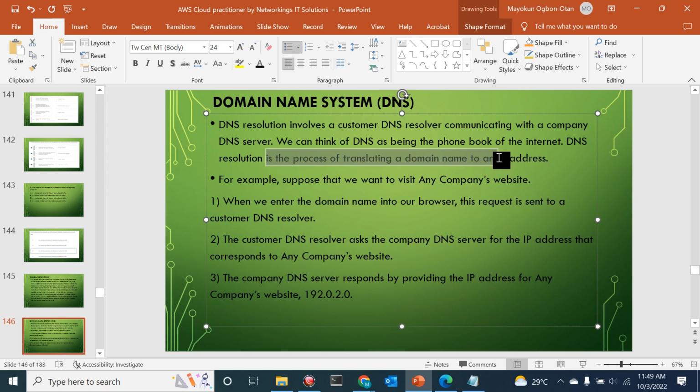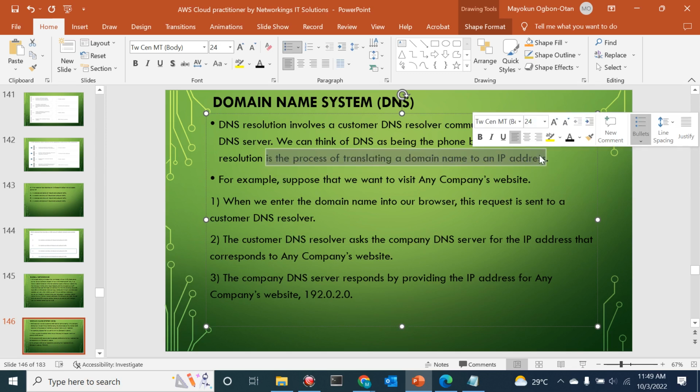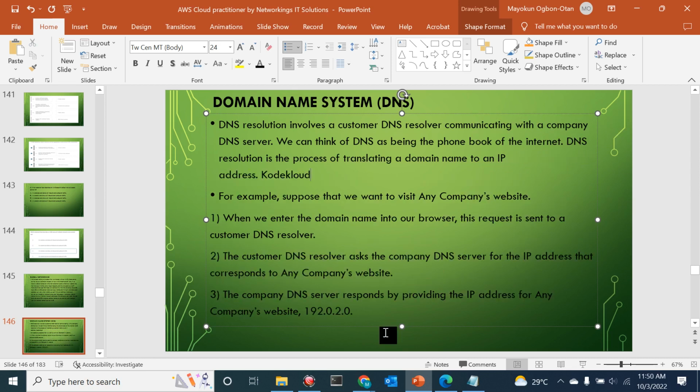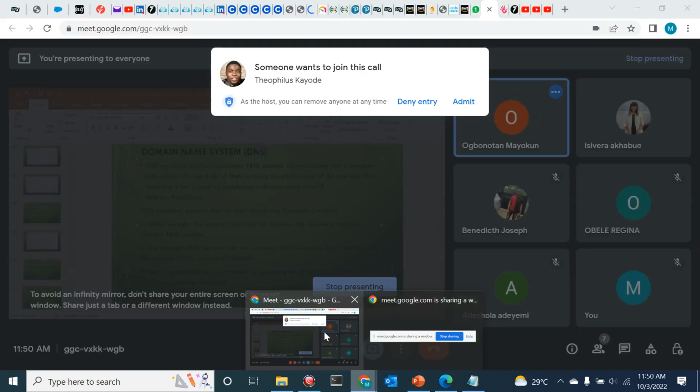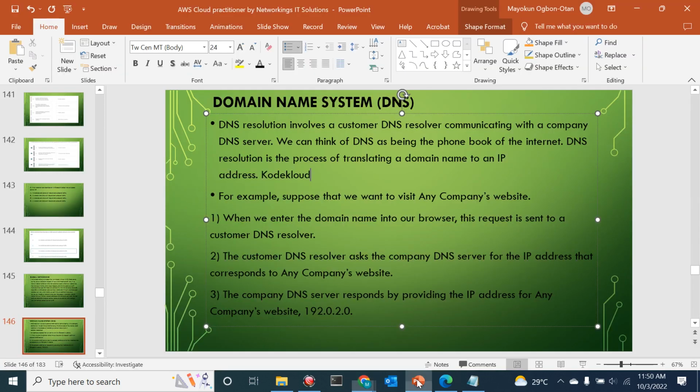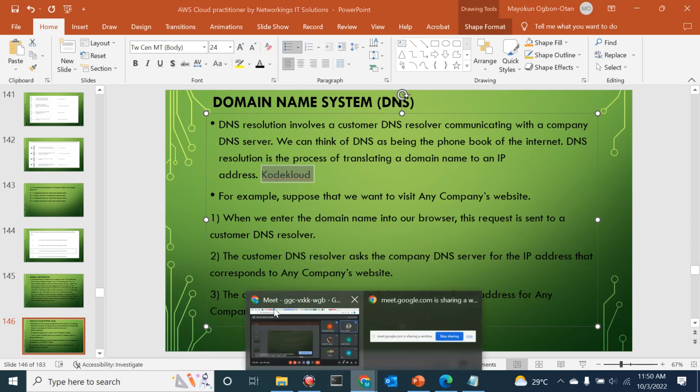Can you spell Code Cloud? Sorry. Okay, Code Cloud. Can you see that? I'm not seeing it. Where did you put it? It's in the chat box. Okay, I'll drop it in our chat box. Thank you.